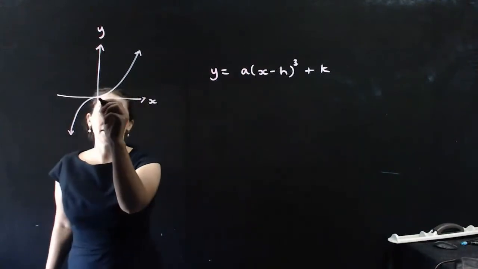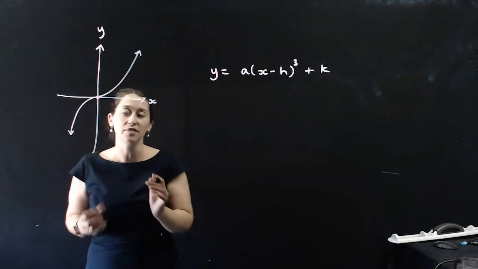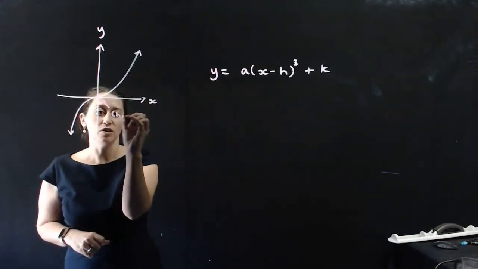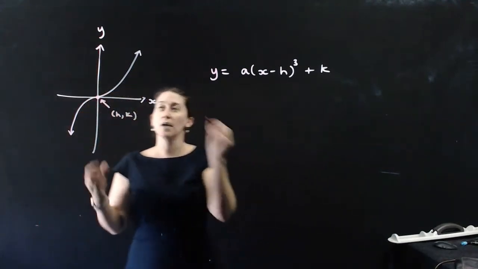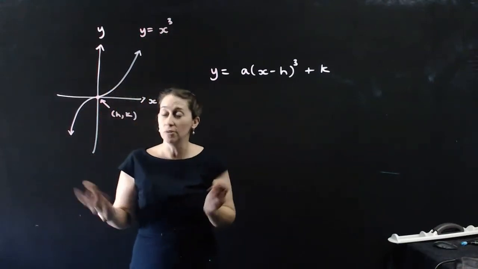You'll also notice there's a special point here going through the origin. We call that the point of inflection. And this here is our value of h, k. So h, k in our basic y equals x cubed is (0, 0).